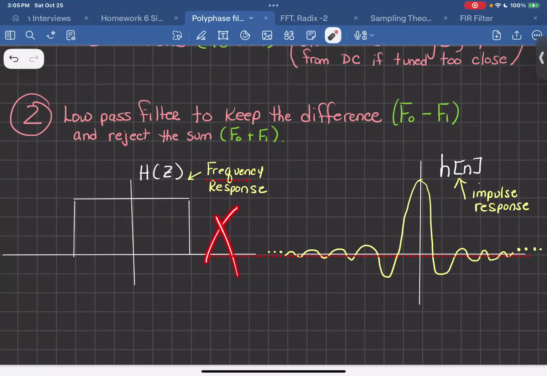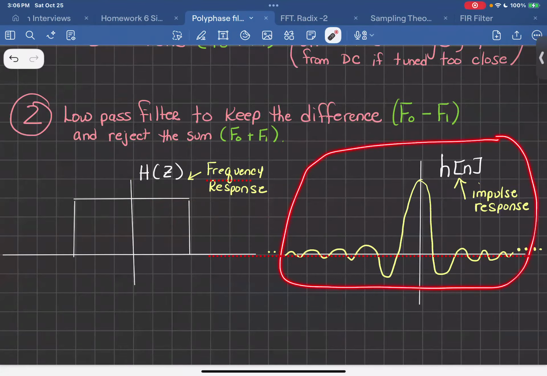Now, if you remember, we have been doing this work in my class for a really long time on taking the Fourier transform of a pulse. The Fourier transform of a pulse is a sinc function. So this is our ideal frequency response, and this is our impulse response.